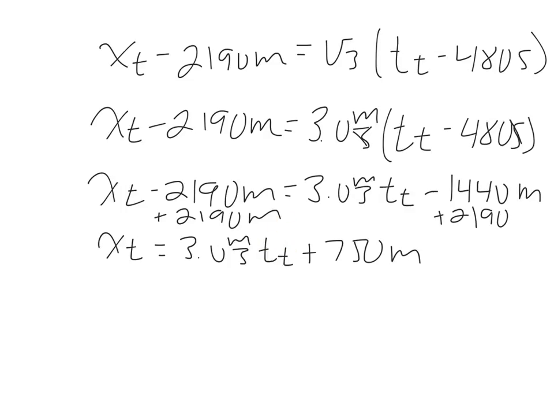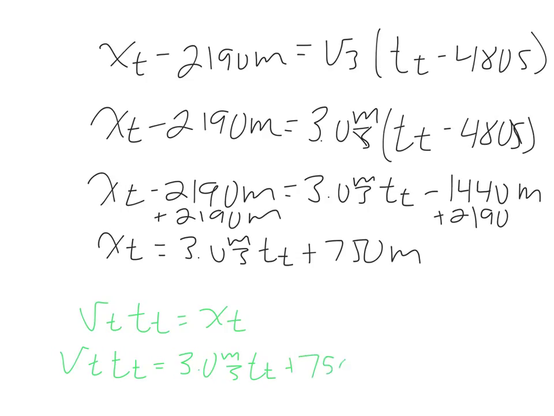If I substitute this into the equation, Vt Tt equals xt, I'll be able to solve for total time. Solving for total time will then allow me to solve for total distance. So Vt Tt equals 3 meters per second Tt plus 750 meters.